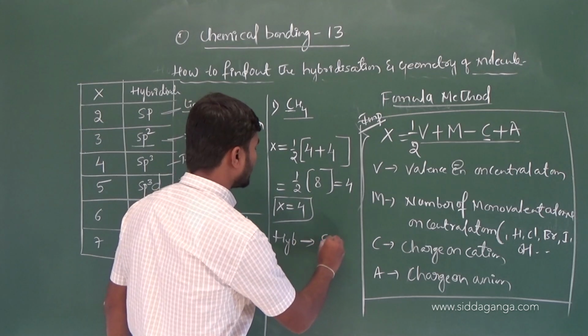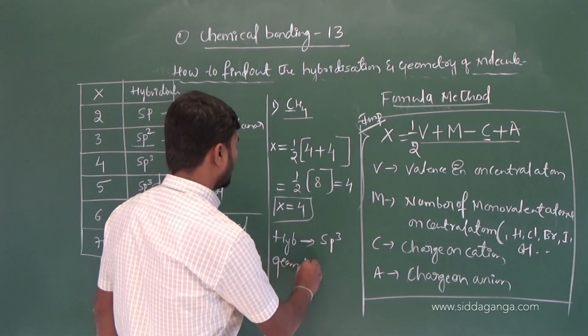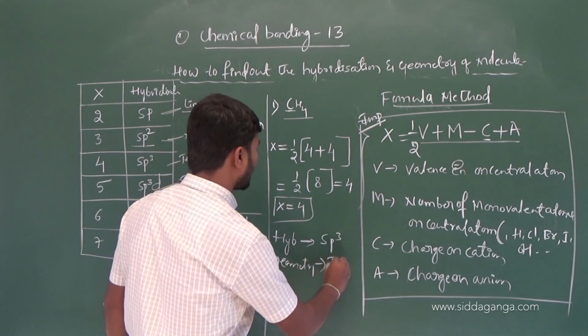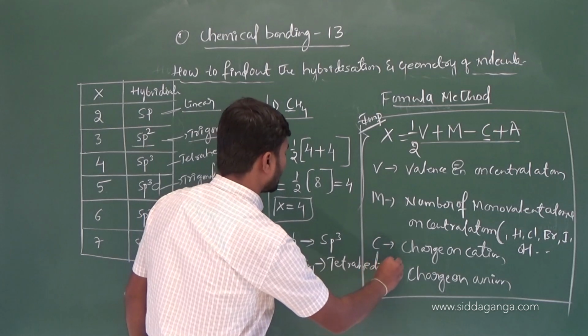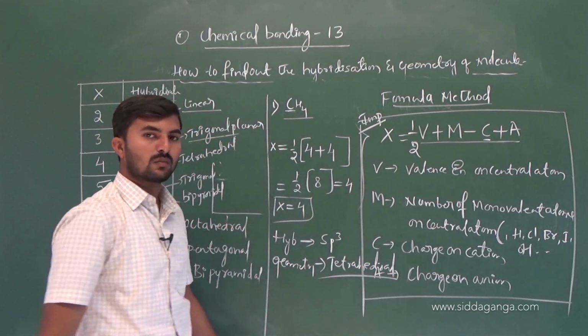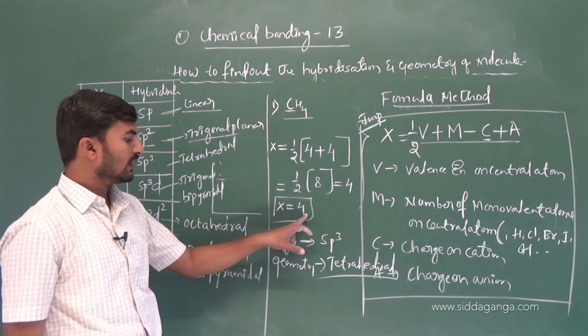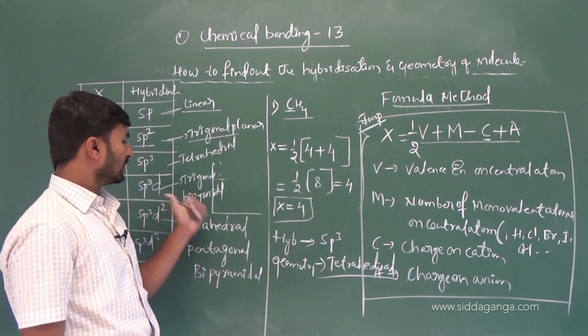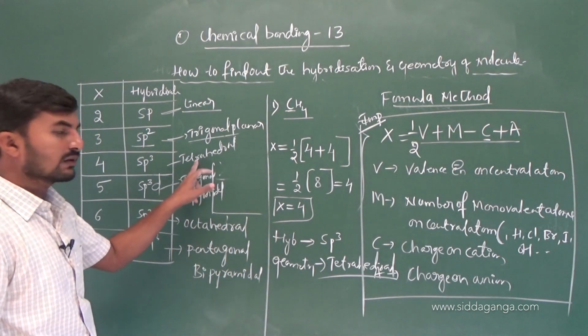It can exhibit sp3, followed by the geometry of the molecule, which is tetrahedral geometry. Okay, value of x is 4, hybridization is sp3, geometry of the molecule will be tetrahedral geometry.